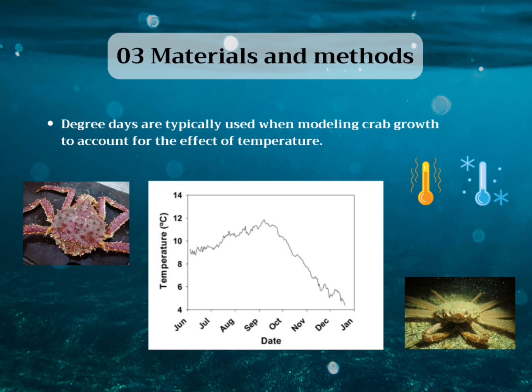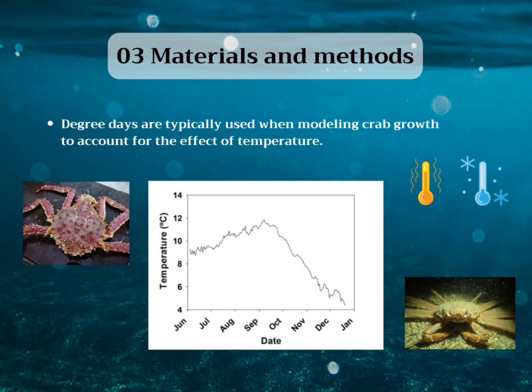Degree-days are typically used when modeling crab growth to account for the effects of temperature in experimental treatments. During these experiments, from June to December 2010, the mean daily temperature in individual holding cells for red king crab and tanner crab was recorded.